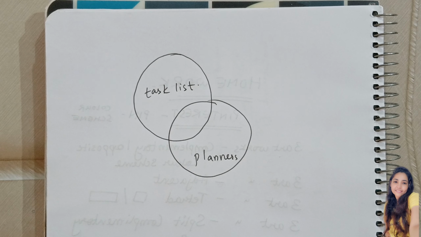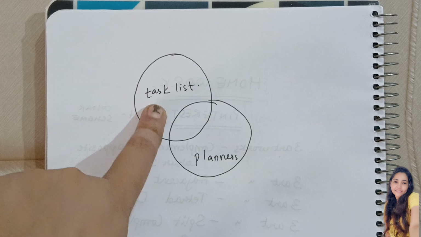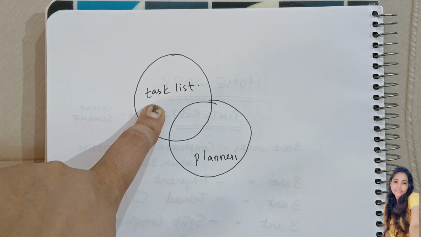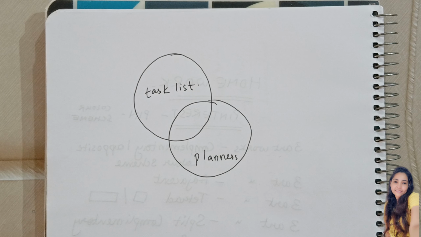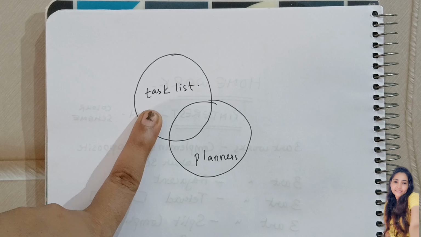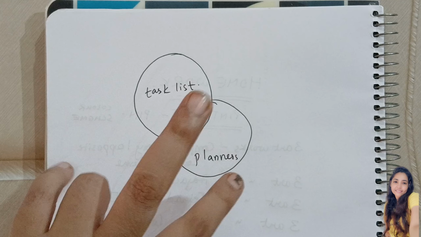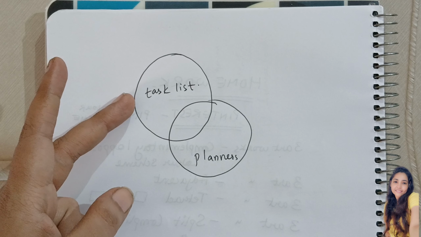What I will be doing in that class will go in my task list. I hope I'm clear. Let's say I have to take a list of materials, then I have to follow some steps in that particular class. All of those things will go in my task list. So planner and task list are two different things.